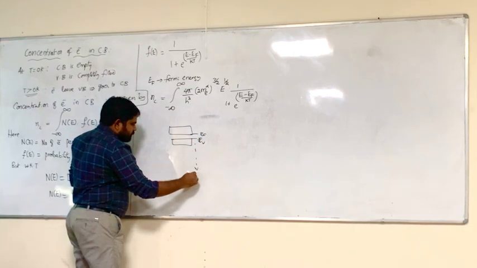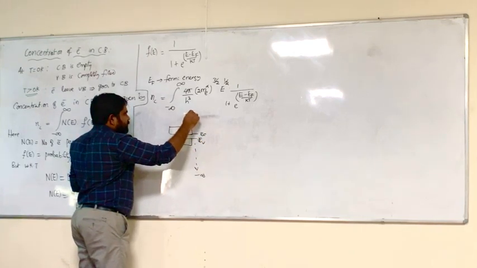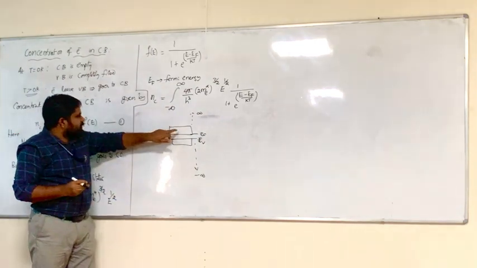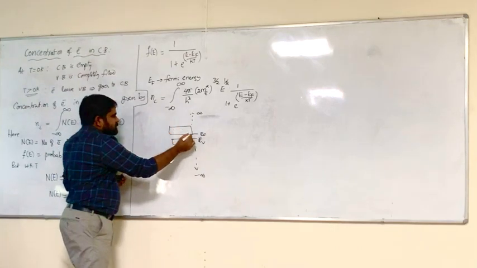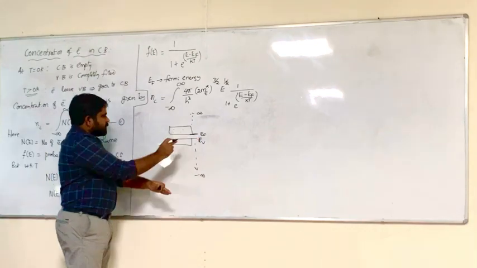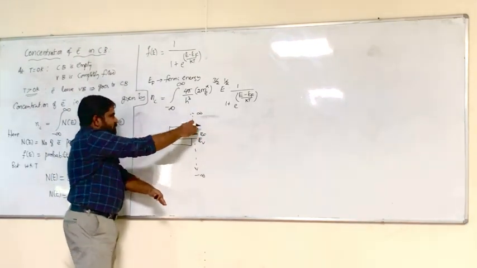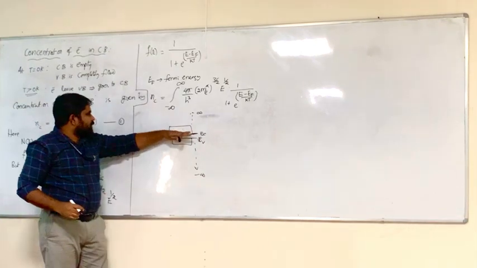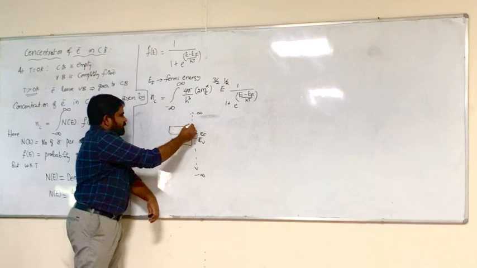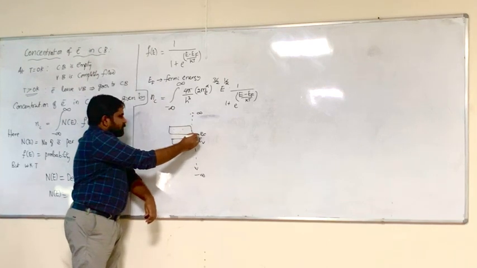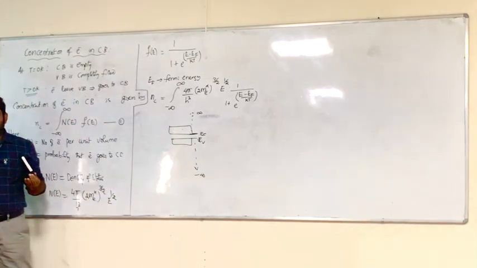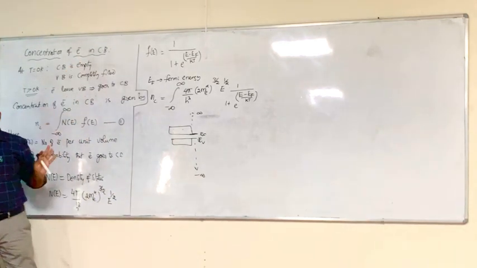If you go down it will be minus, and if you go up it will be plus. The conduction band starts from EC, and you don't need all these other energy levels. From EC to infinity, all these are conduction band. If you provide more temperature, electrons can go anywhere up, depending on the temperature. So you need information from EC to infinity, not minus infinity to infinity, because your interest is in the conduction band.